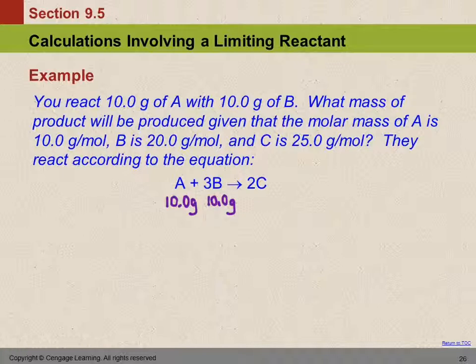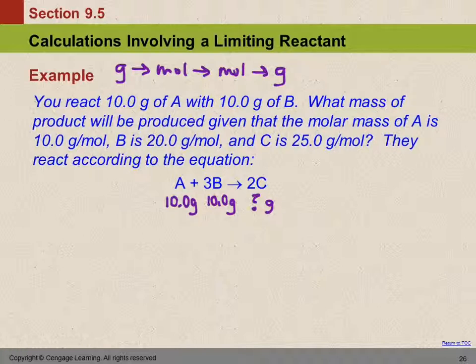It's C. So that's our question mark. It says what mass, so we want grams there. And then it gives us the molar masses, so we don't have to calculate those. So our overall pattern here is grams to moles to moles to grams.